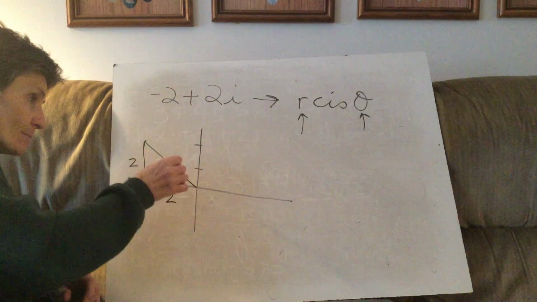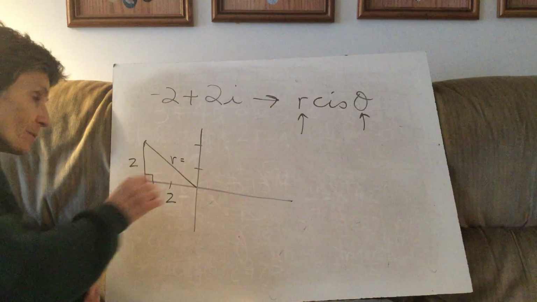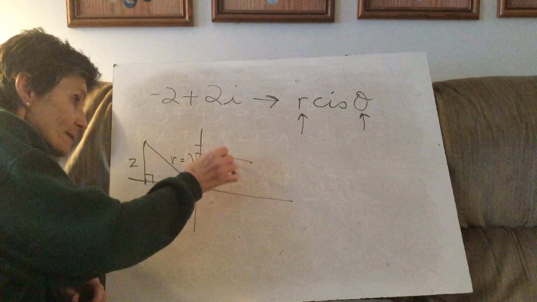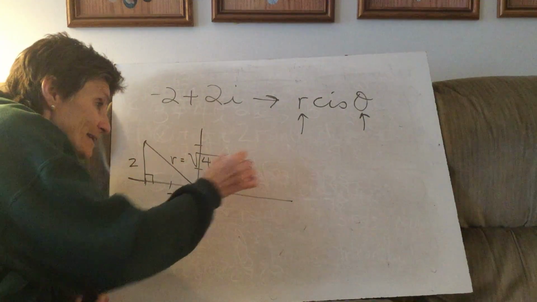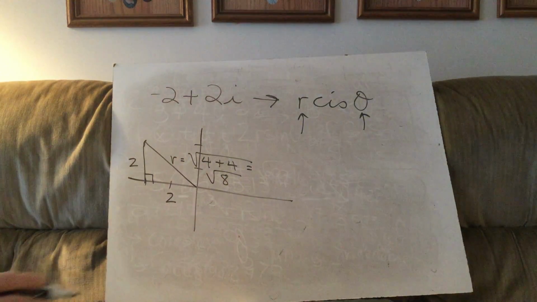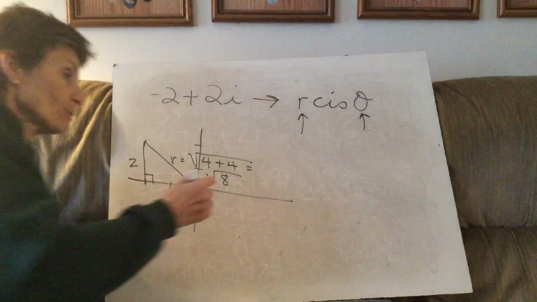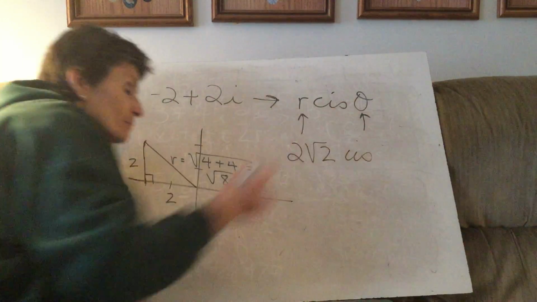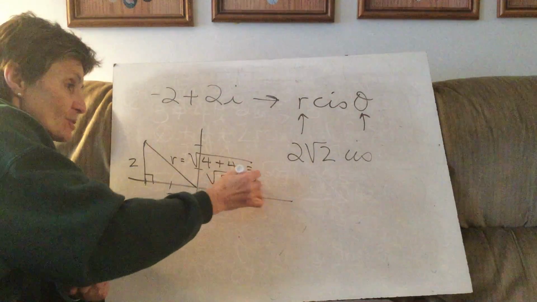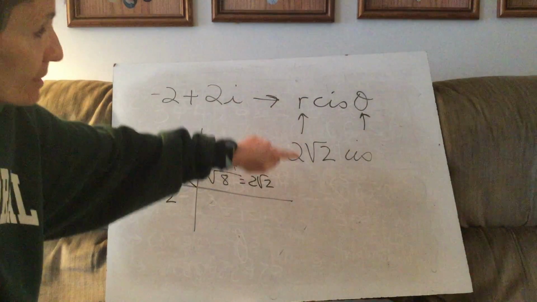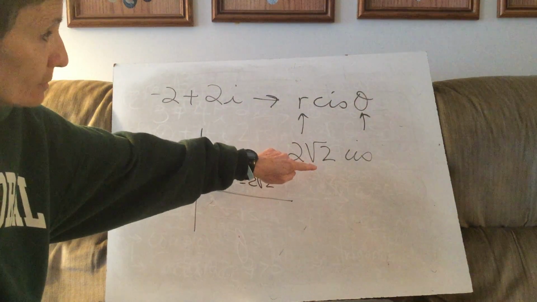We're going to find R by squaring the first one, squaring the second one, adding them up, and taking the square root. So that's the square root of 8, which we know reduces to 2 root 2. Square root of 8 is 2 root 2. So my R is 2 root 2.